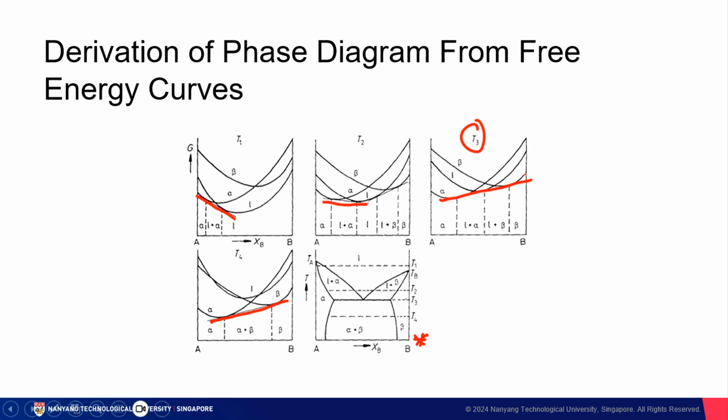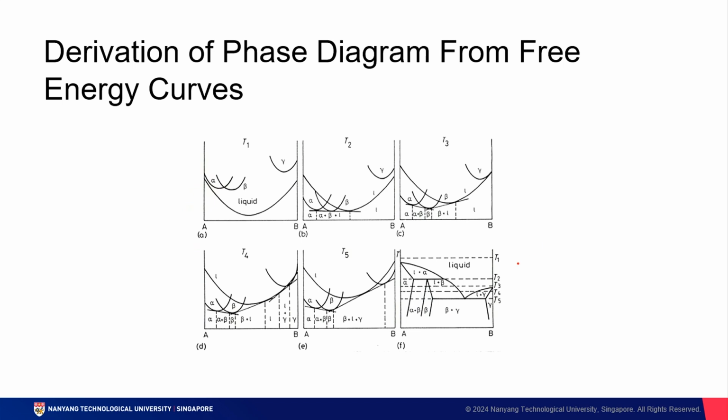When we do that, the middle point always corresponds with the eutectic point. Notice also for T4, even though we can draw a line almost through all three curves, the minimum point is actually between the alpha and beta phase, and hence only the alpha and beta phase can exist even though there is liquid within the free energy curve.